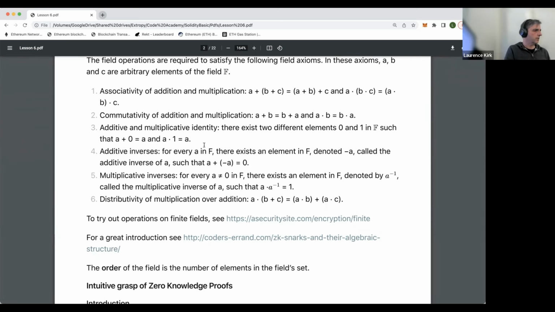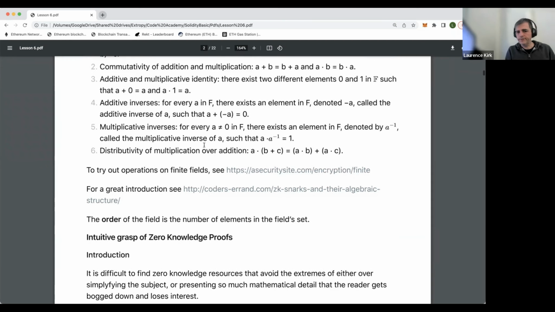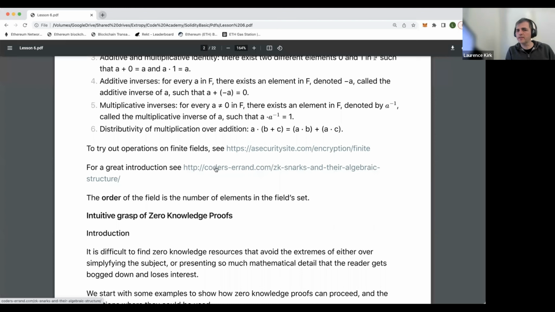It's just an abstract concept. It's just the fact that you're restricting the set of numbers that you're using. You're restricting them to integers, and you're restricting them to having a largest number, and then you define the operations that you do on those in a particular way. If you want more details about these, then there are some links there. You can try out doing operations on fields, and you can read more about them.